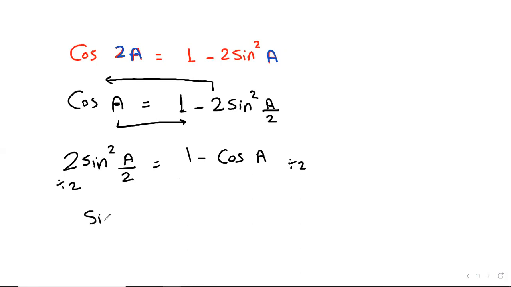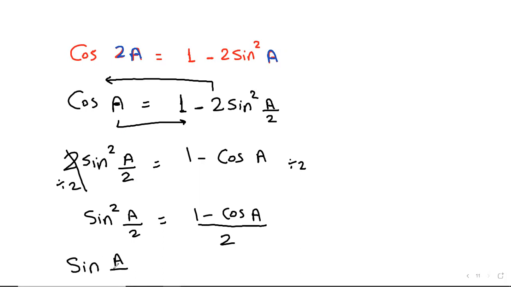So sine squared A over 2 is equal to 1 minus cosine A all divided by 2. What if I want to find sine A over 2? Take the square root, so that's going to be positive or negative, the square root of 1 minus cosine A over 2.